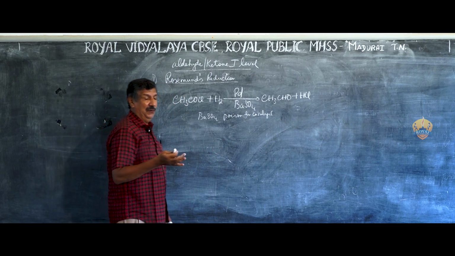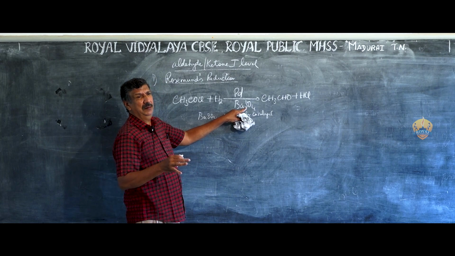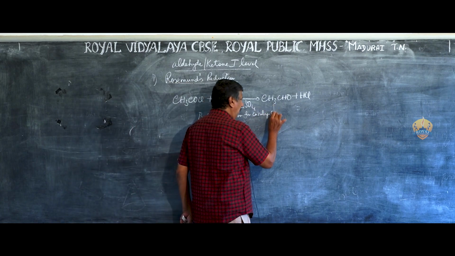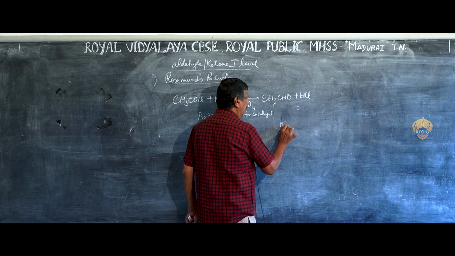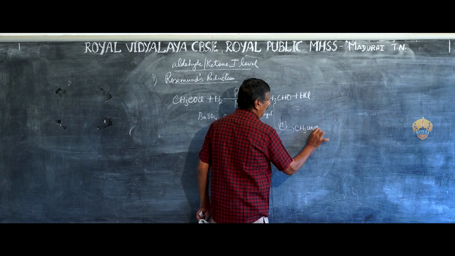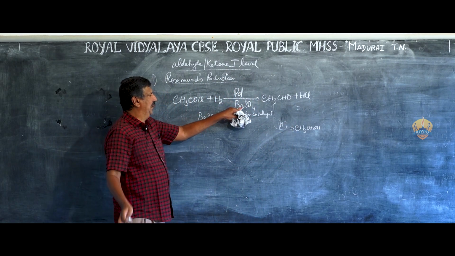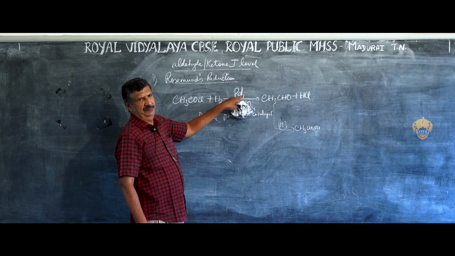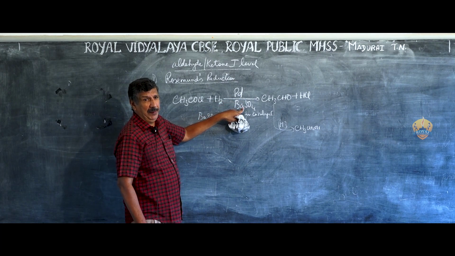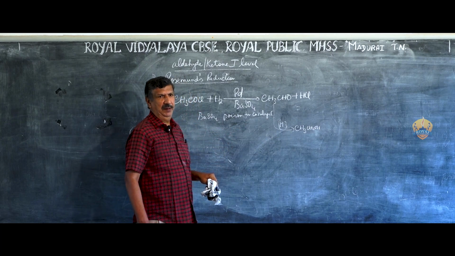Suppose you forget to use barium sulfate, what will happen? This will be further reduced into alcohol. Again, it will be reduced to alcohol. So, the purpose of using barium sulfate, this is catalyst poison, is to prevent further reduction.